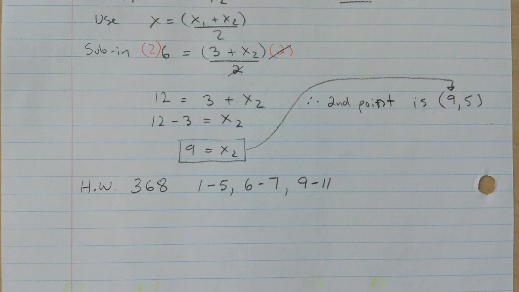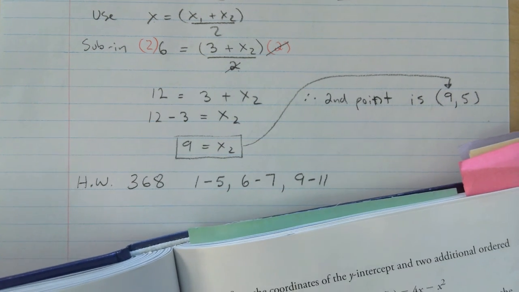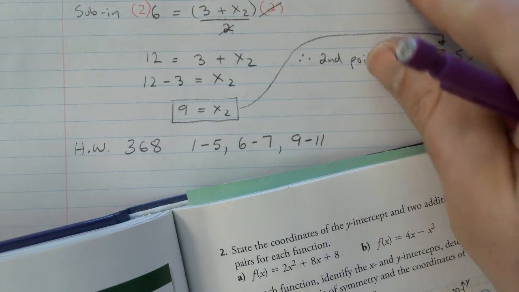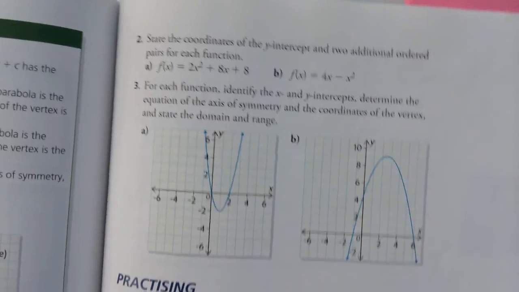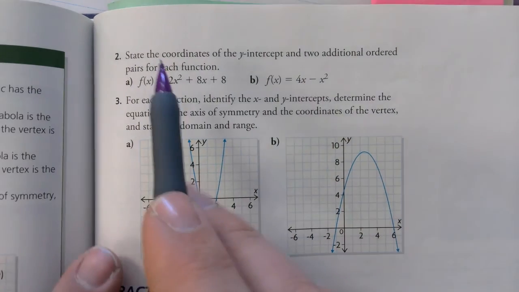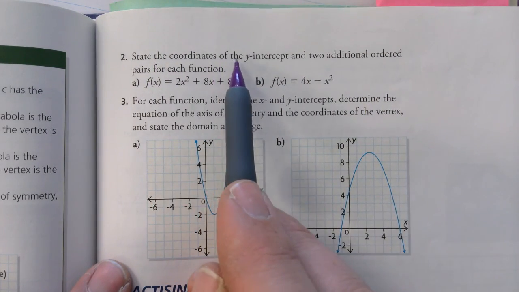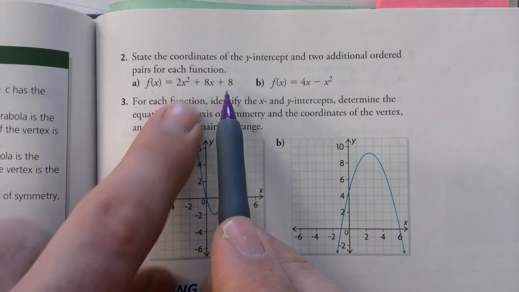Yes, this is what I wanted to address here. Once you've written down the homework, I'm going to bump that up a bit. So look at question 2. State the coordinates of the y-intercept, which is fairly simple to do.